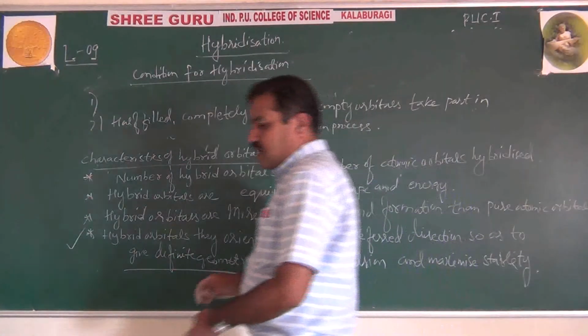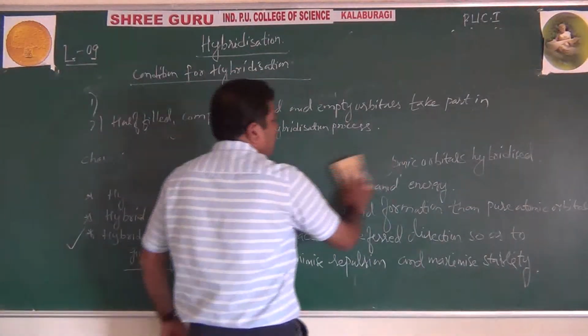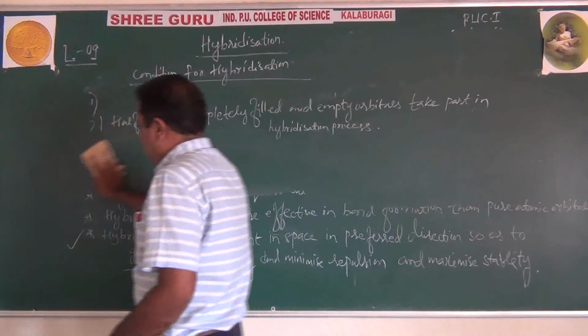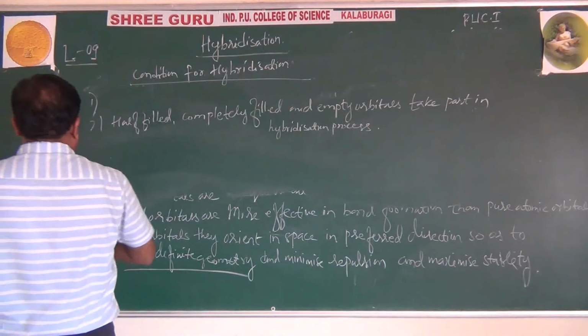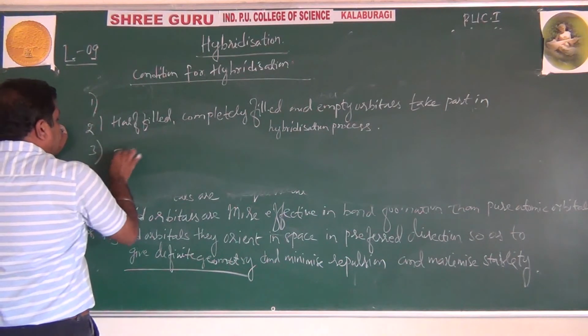And remember, in hybridization always sigma bonds and lone pairs of electrons are involved, but not the pi. Remember, third condition in hybridization.